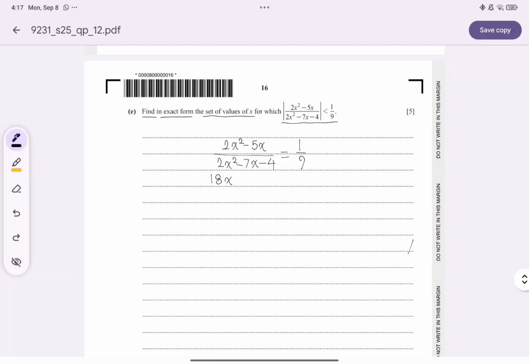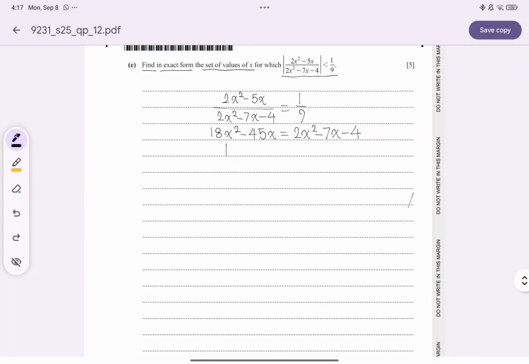So cross multiply, which equals 2x squared minus 7x minus 4.